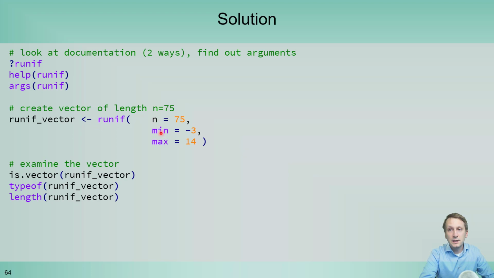So the argument names are n, min, and max. So n equals 75, min equals -3, max equals 14. And that will give us that runif vector. So that's the name that I chose. Then in order to examine the vector, you can run is.vector to figure out if it's a vector, typeof to get its type, and length to get its length.